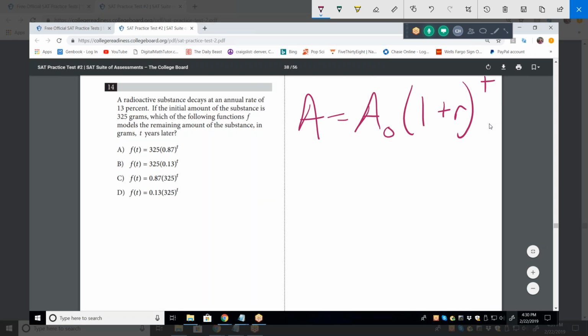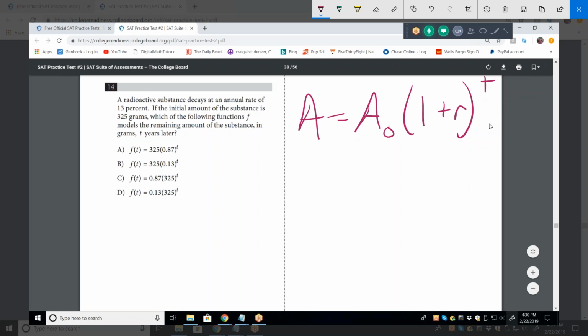The one I just wrote applies only to annual compounding. And annual compounding is a fake thing that humans invented. It's not found in nature.